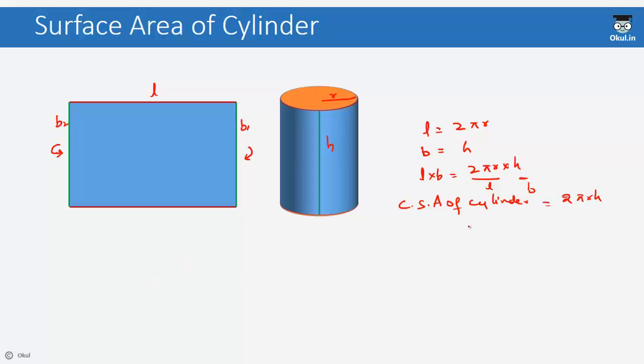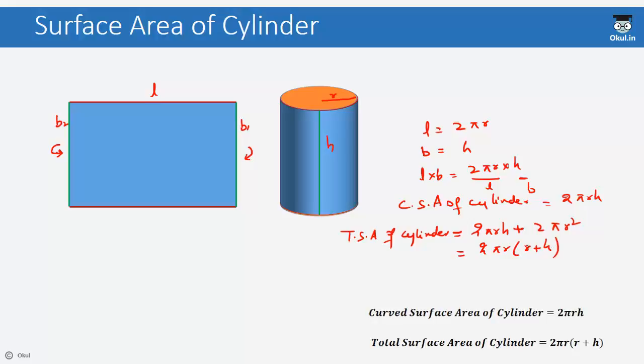So 2 pi r h plus pi r square, and since there are two circles, 2 into pi r square, that is 2 times the area of one circle, pi r square. This will be called the total surface area of the cylinder. So the total surface area of the cylinder is equal to 2 pi r h plus 2 pi r square. Taking common, we have 2 pi r into r plus h.